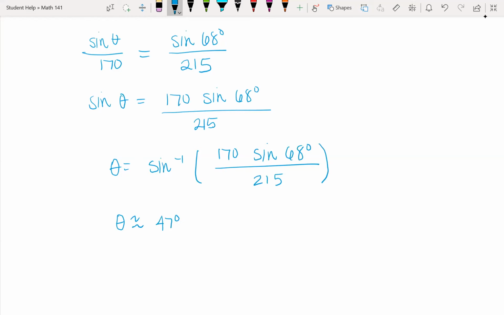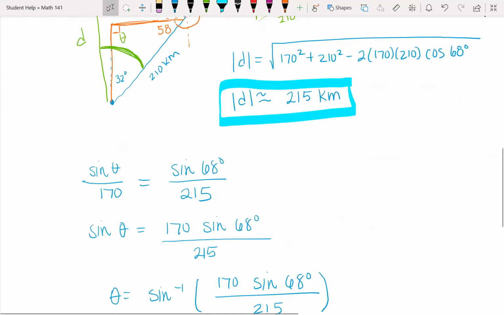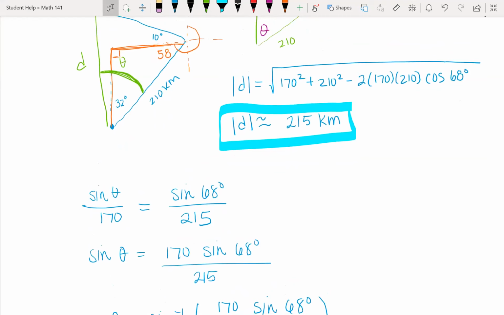All right. But again, going back to the original, what we found is that this angle here is 47 degrees. But when we talk about direction, we're actually going from a northern direction and then going in a clockwise space. So we're actually talking about starting from the northern direction and going around to here, right?